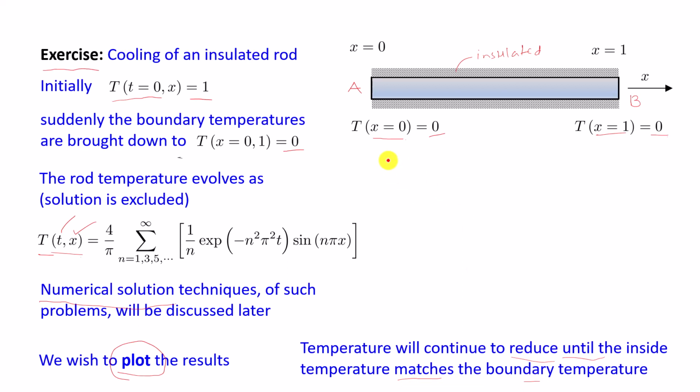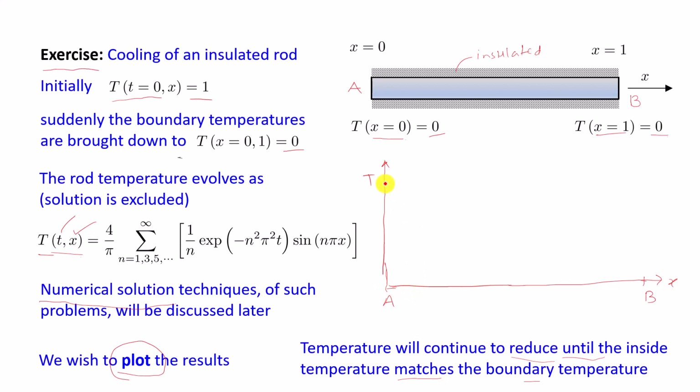Which means if I plot the temperature here, let us say that this is my t-axis and this is my x-axis. So here I have my B and here is my A. This is the rod.